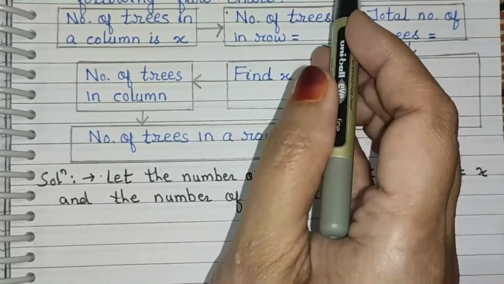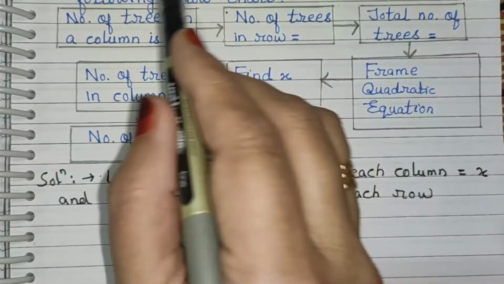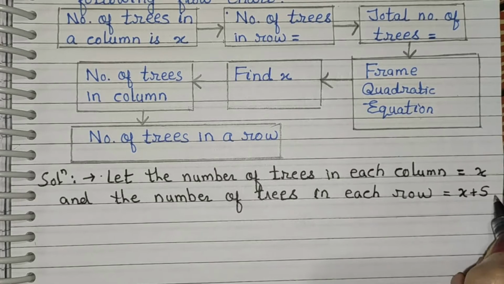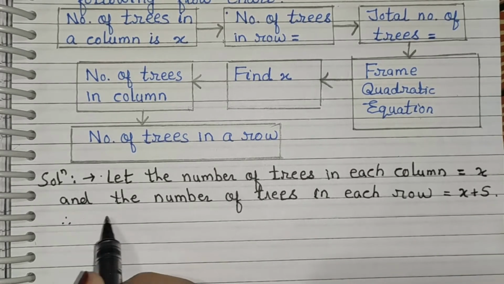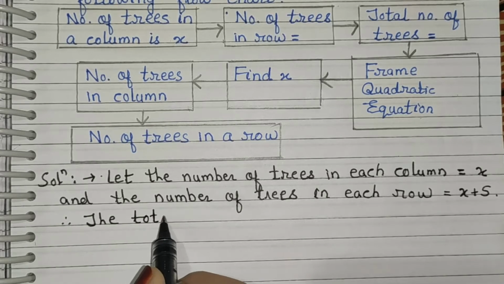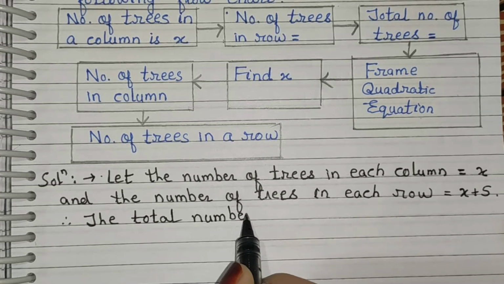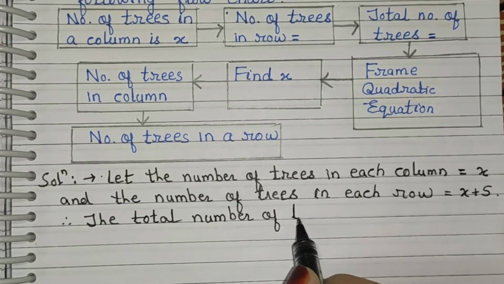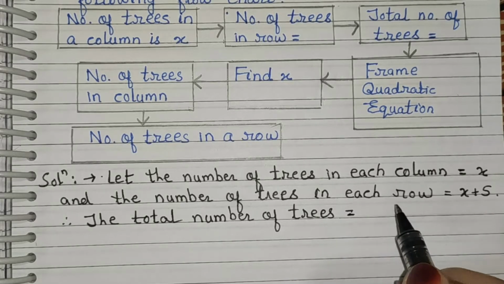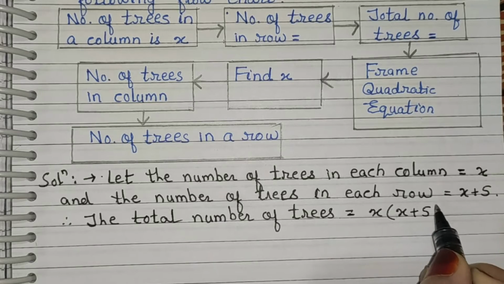Now here the number of trees in each row is 5 more than that in each column. Therefore we can write here x plus 5. Therefore the total number of trees is row into column. Therefore we can write here x into x plus 5.